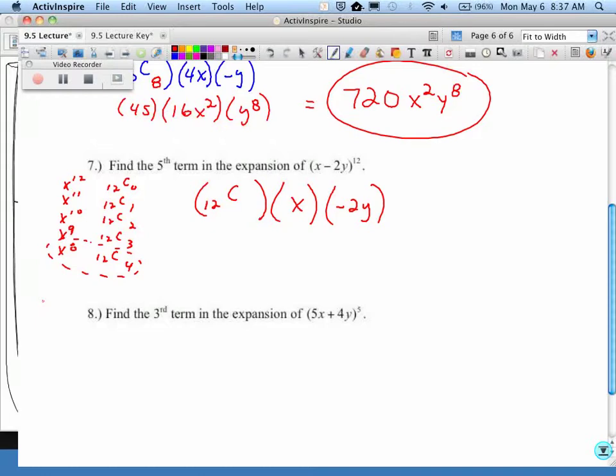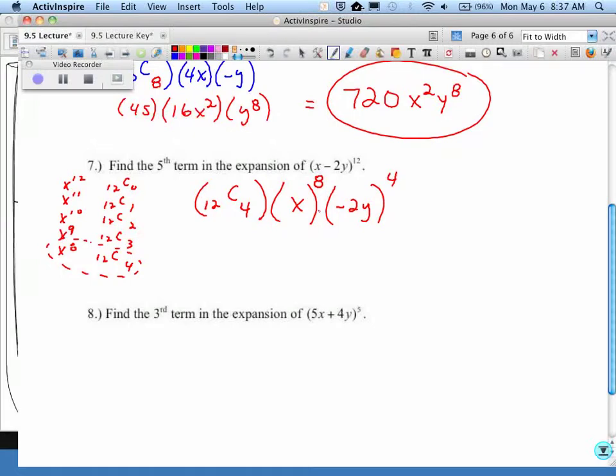Is it 4? Robin, do you know what this number is? 4. Jack, what's this number? 8. Remember, those two exponents on the outside have to add up to 12 at all times.